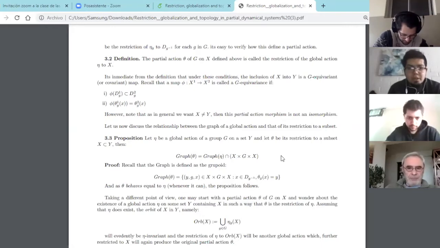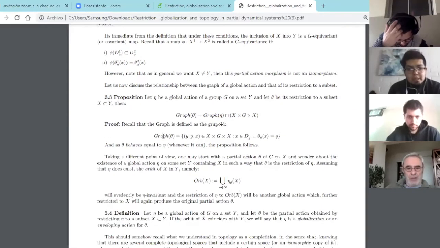Recall that the graph was defined as this: the element that goes from here to there, as usual in groupoids. And as theta behaves equal to eta, this proposition follows.